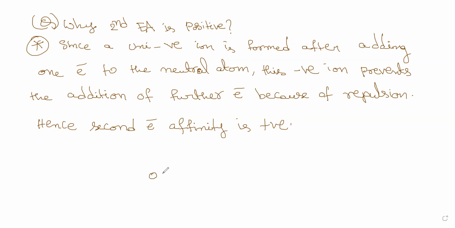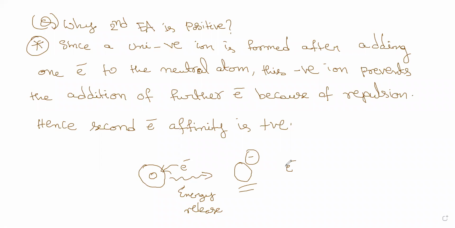See, here we have an atom. What did we say first? When one electron is given to the atom, some energy will be released. Okay, and after the energy release, we get a negative ion. Whatever negative ion has formed, some energy is released, and that energy is actually negative energy. Now what happens is, further I want to introduce one more electron into this.